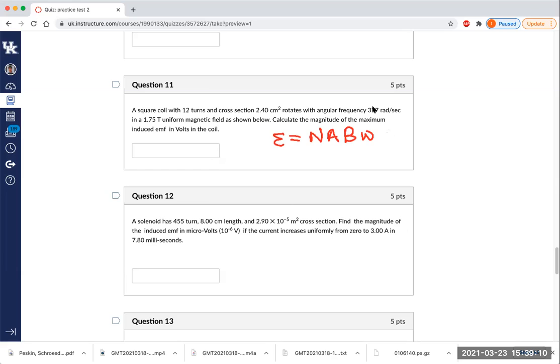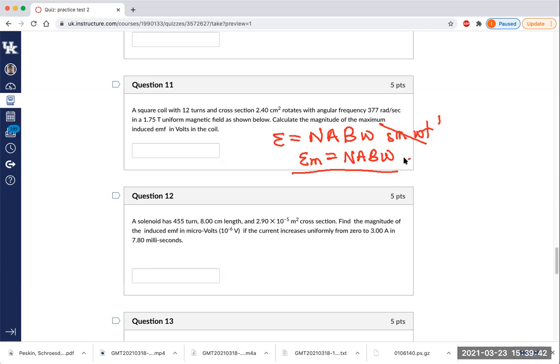Now, it also depends, the induced EMF at any moment, on the sine of the angle between the coil and the field. But in this case, we're asked to consider the maximum induced EMF. And that maximum induced EMF is when that sine is 1. And so we're just going to be using this equation here.